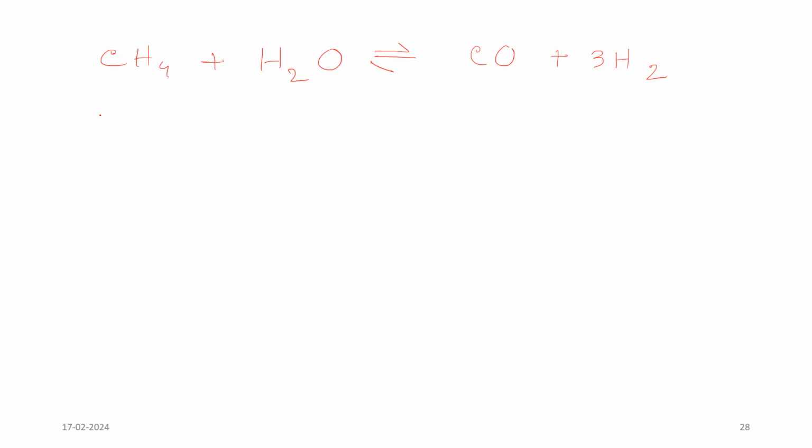Again, it can react with the previously produced carbon dioxide to produce syngas, that is the mixture of carbon monoxide and hydrogen. So this is the reforming reaction happening in the primary and secondary reactor, right?